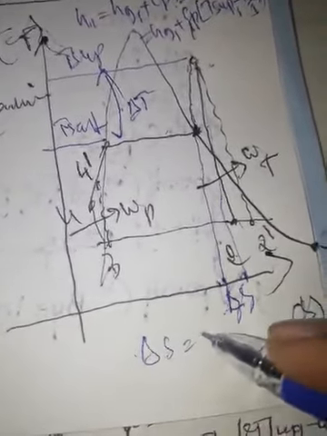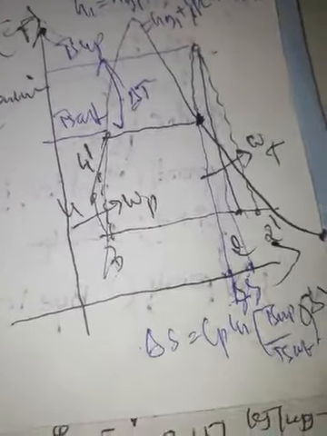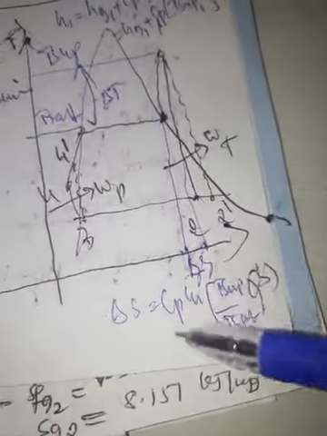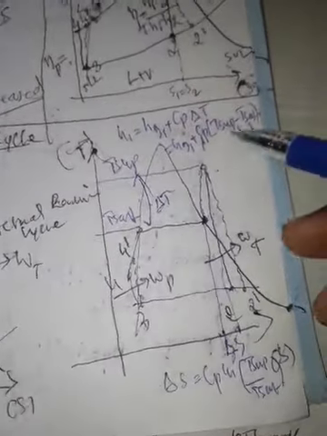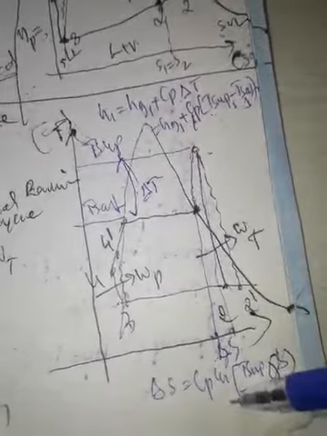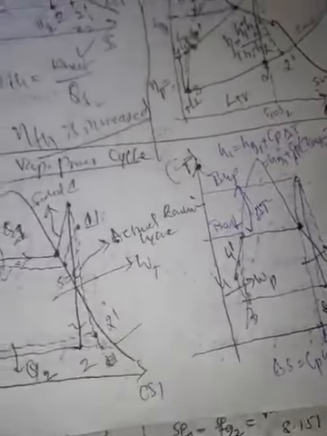This change in entropy delta S is given by Cp ln of T superheat upon T saturation. So this is the basic thermodynamics formula, please remember that. Both this formula and this formula will be used while solving the problems.